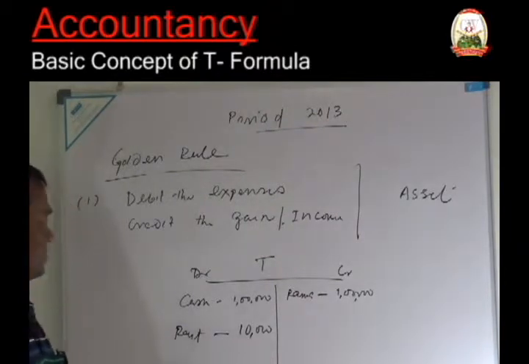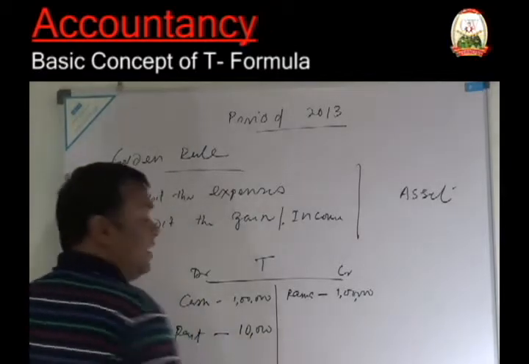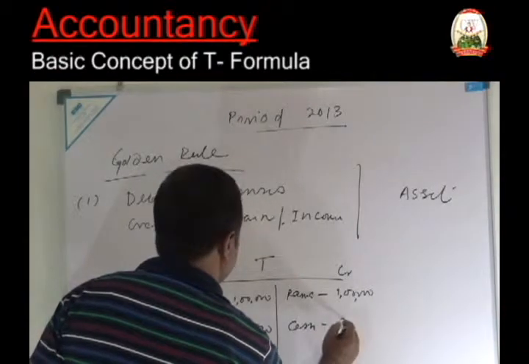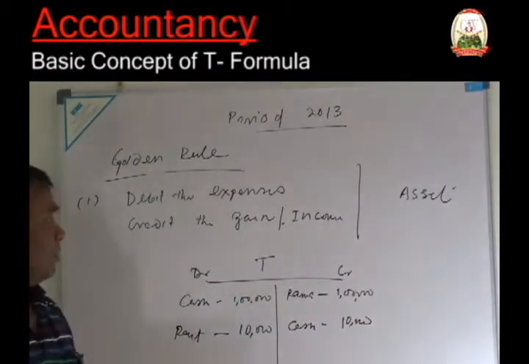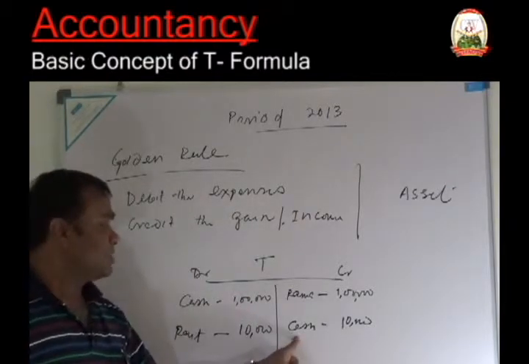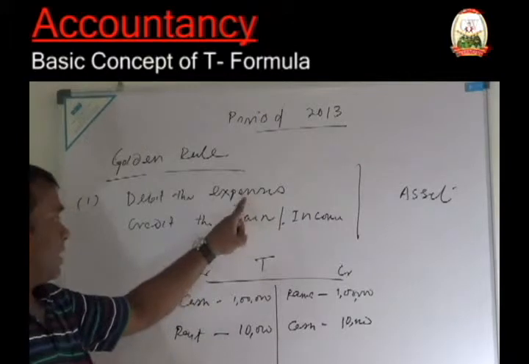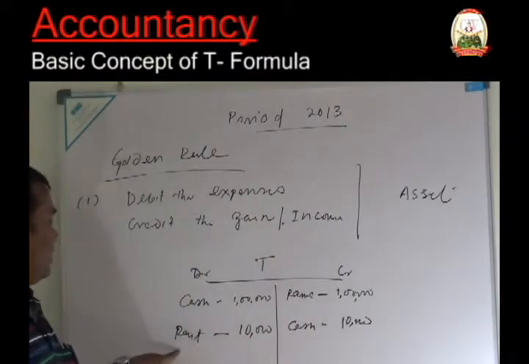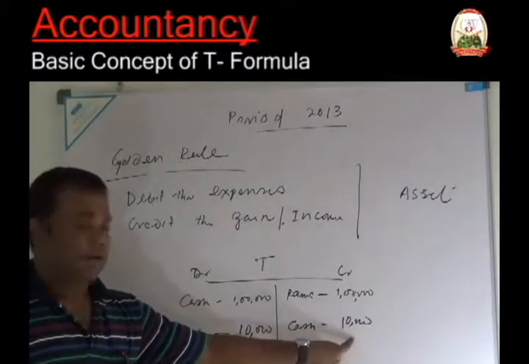Debit the expenses. Similarly, you paid rent for that in cash. That means here you have to put cash as 10,000 because the cash goes out. In previous formula, the cash goes out, asset goes out. In previous formula, what goes out is here, and debit the expenses here, credit what goes out here.